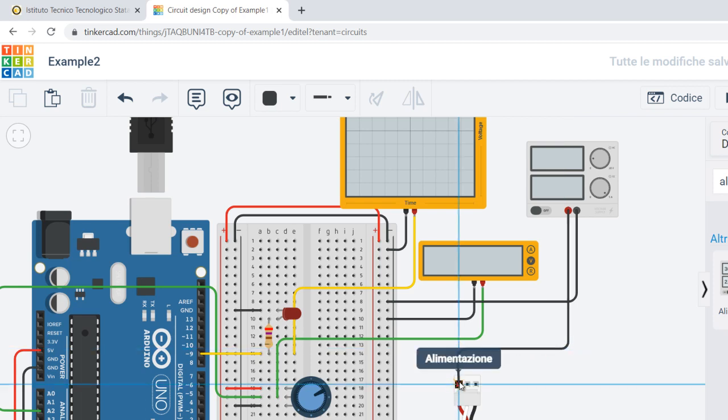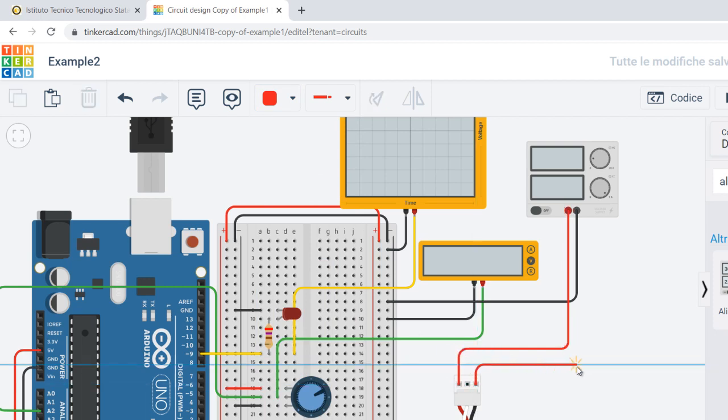So we have no problem with the current required by the servo motor. The ground can also be connected directly to the external ground, which is, however, the same as the board ground. But it is better to have a lower path resistance to the external power supply.